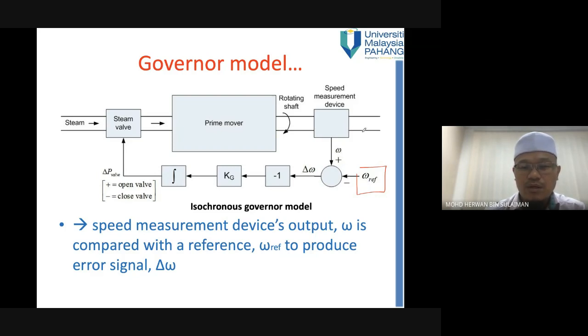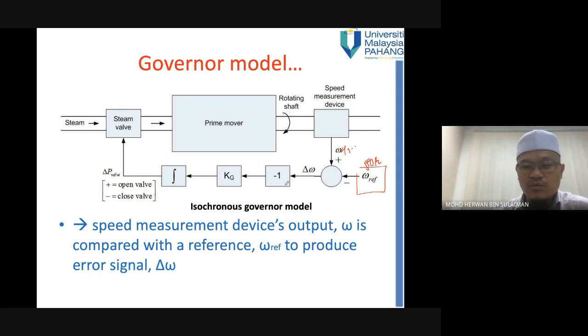If your system suddenly has a load increase, say like the earlier example, 10 megawatts increase, then suddenly your frequency will slow down. So the plus minus will get negative. Right? So the plus minus, let's say our reference is 50 Hz. Suddenly this becomes 49 something. So the plus minus will get negative. Your delta becomes negative.